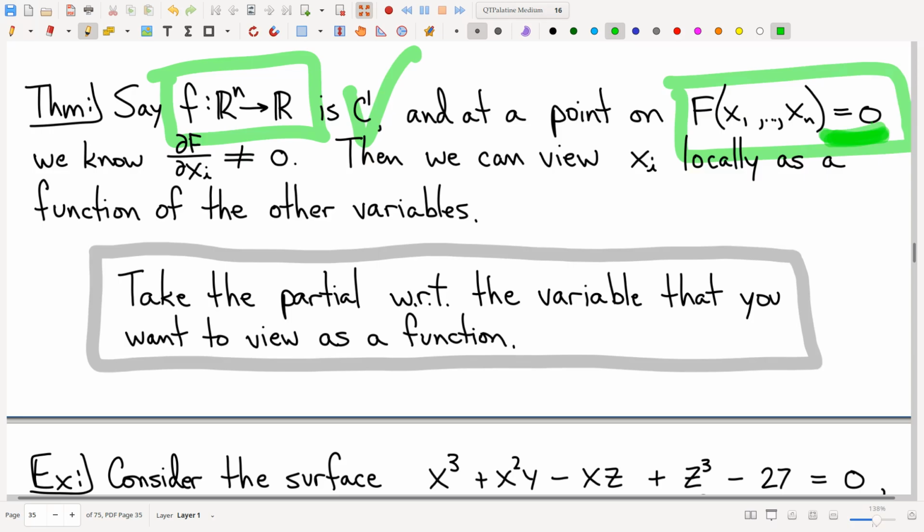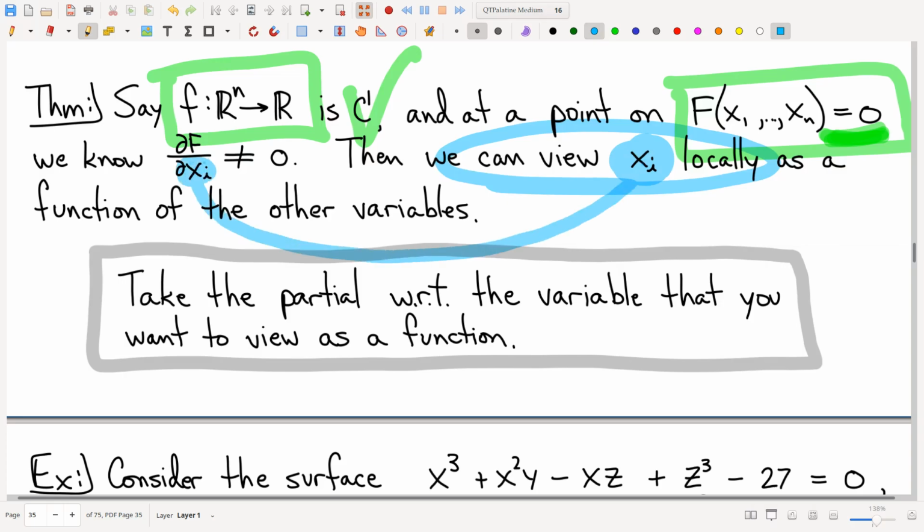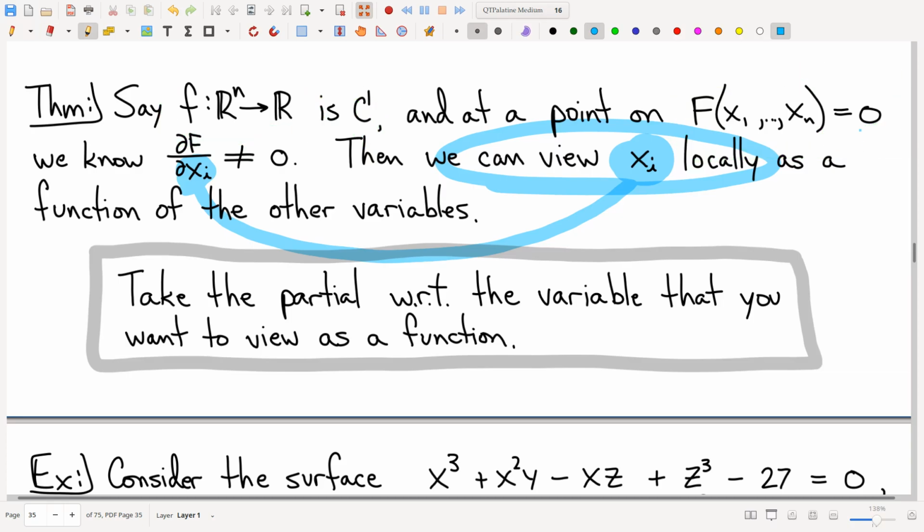If you want to view one of those input variables locally as being a function of the others, look at the partial with respect to that variable. Specifically, you're taking a partial of the function whose level set you're looking at.